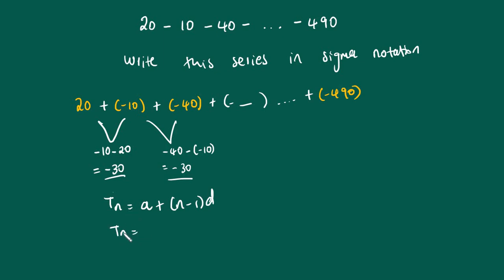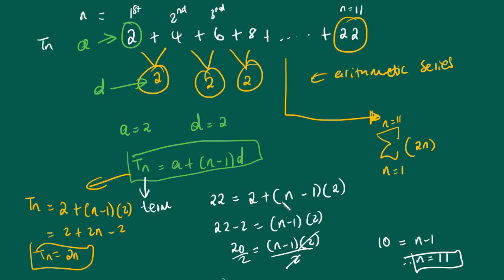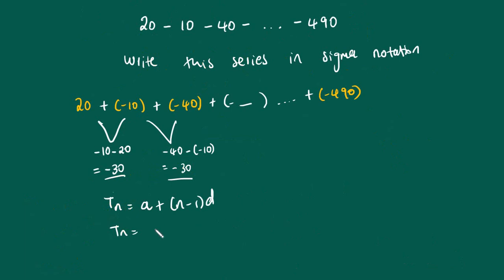Let's get the general term. Why am I saying let's get the general term? Because in sigma notation, remember, we will have to put the general term inside here. So the first term is 20. We're going to say 20 plus n, we'll just leave it as n, and then the difference is negative 30.